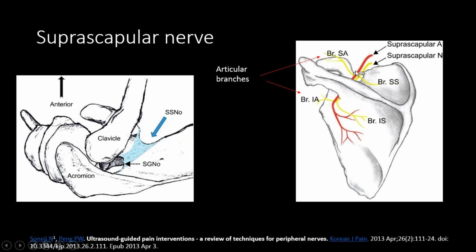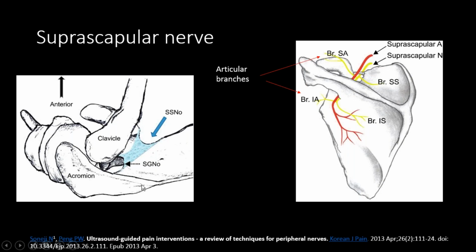So it gives some branches to the AC joint, subacromial bursa, coracoacromial ligament, and the inferior branch gives innervation to the posterior joint capsule. It innervates supraspinatus right off the suprascapular notch, and as it travels distally, it innervates infraspinatus here.